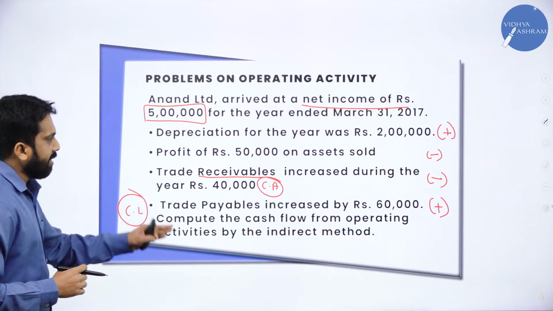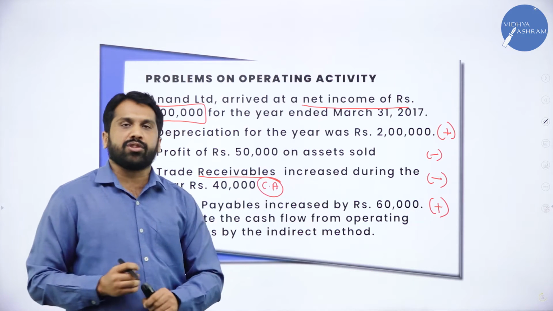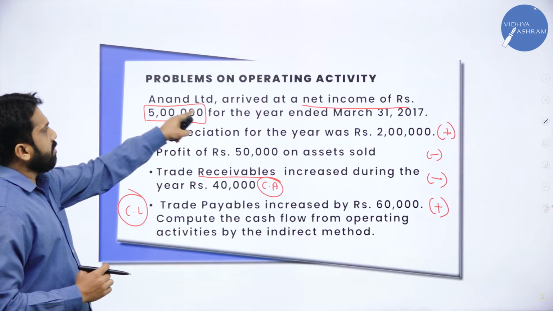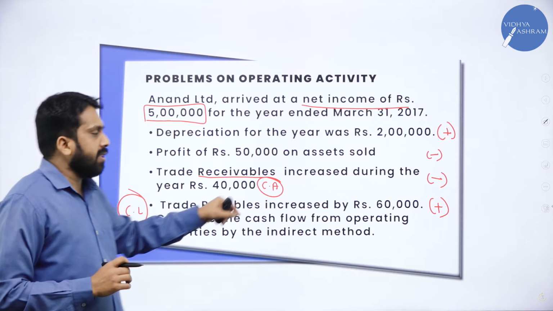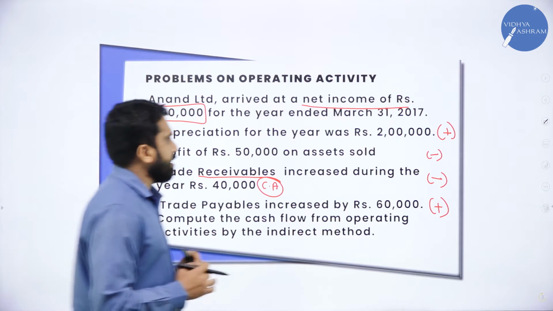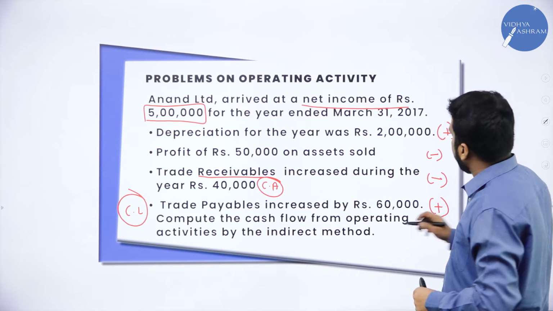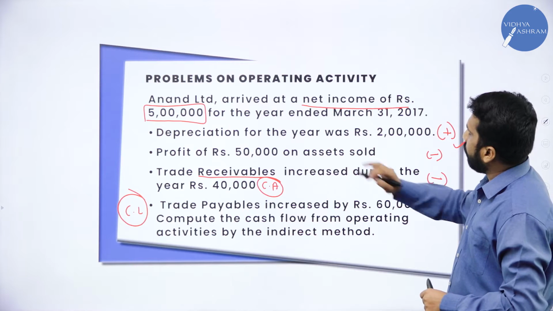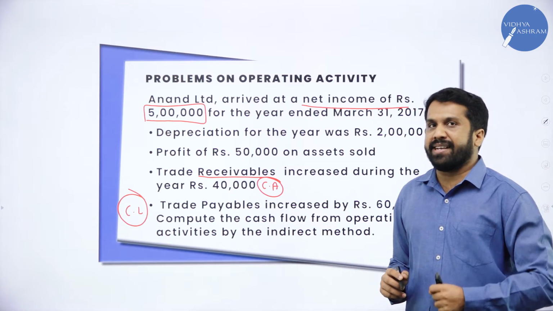While reading your question, you have to mention whether it is an add or a minus. Net income is 5 lakh. Depreciation and trade payable should be added. Profit on sale of asset and trade receivable should be minus.